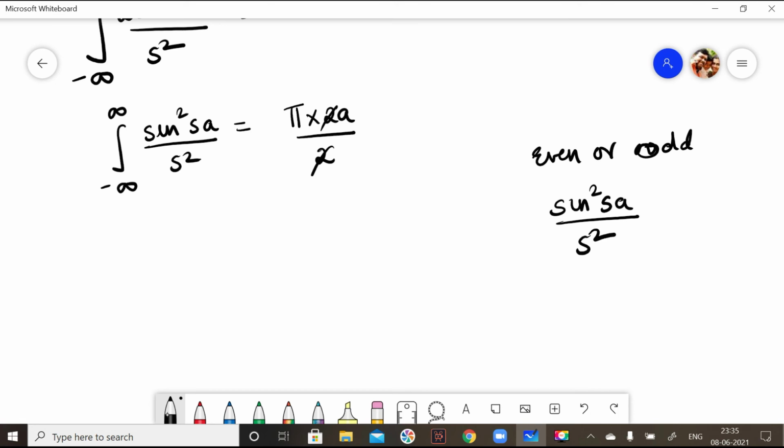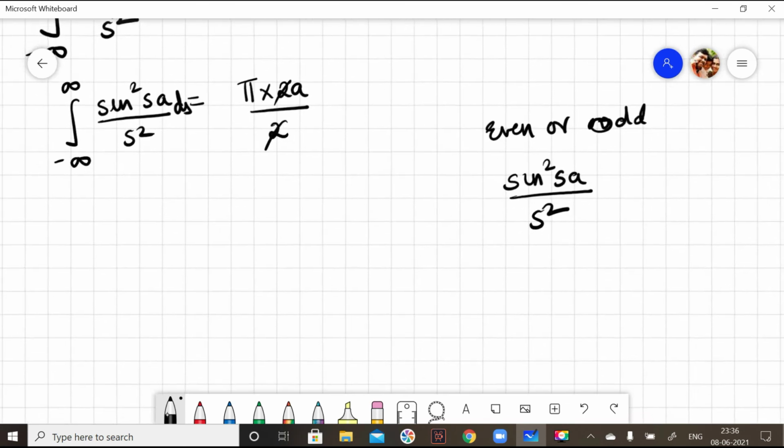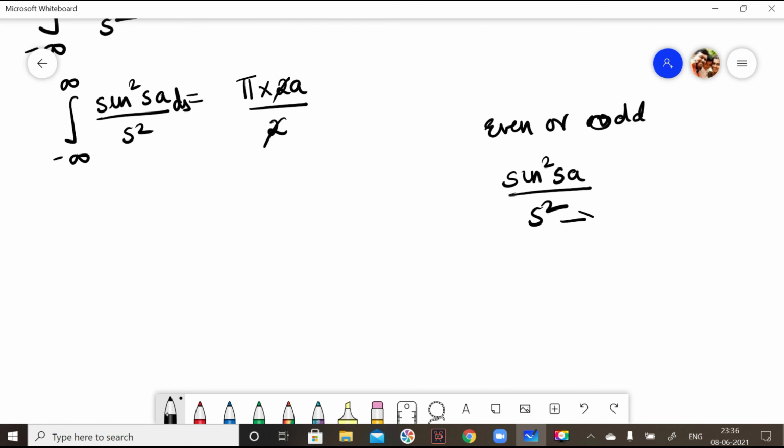Sin square is definitely even, since sin is odd and odd into odd is even, and even by even is even again.